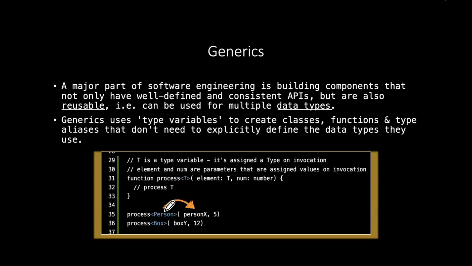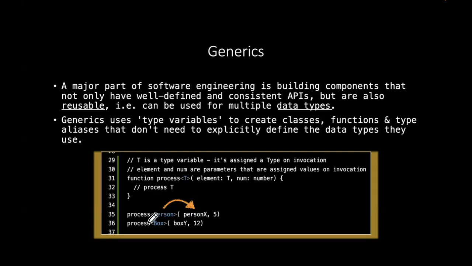So presumably person has been declared somewhere else, either using interface data types or type aliases. That now means that this parameter here, person X, is of type person, because up here I said that the first parameter's type matches whatever is inside the angle brackets.